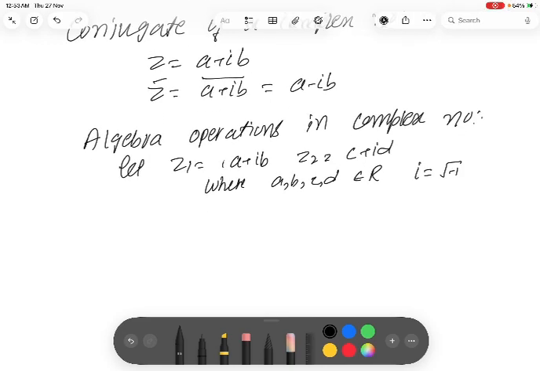Now we will define the first operation, that is the addition operation.